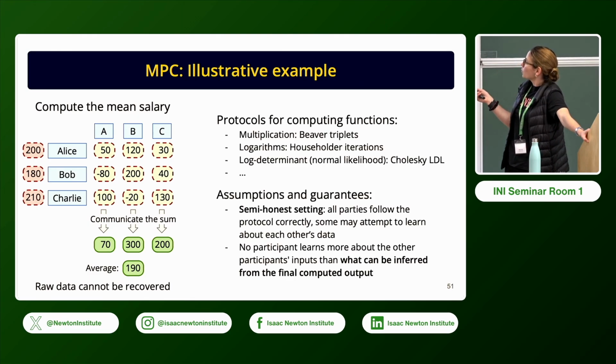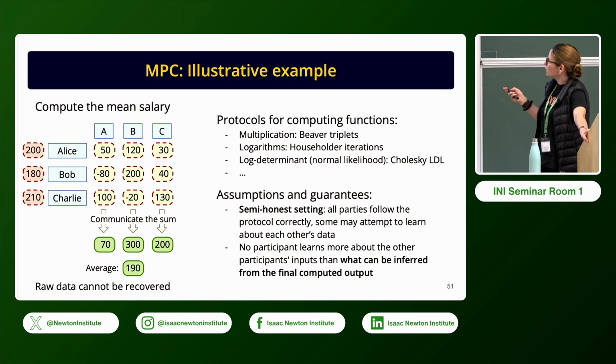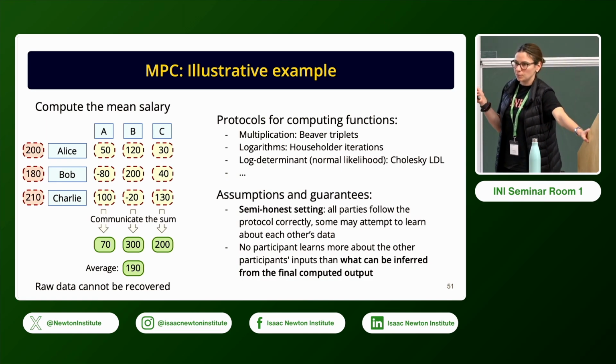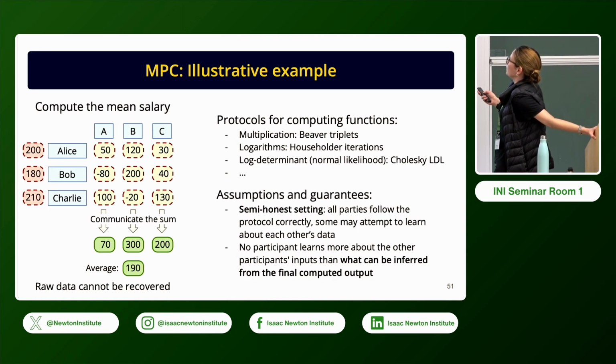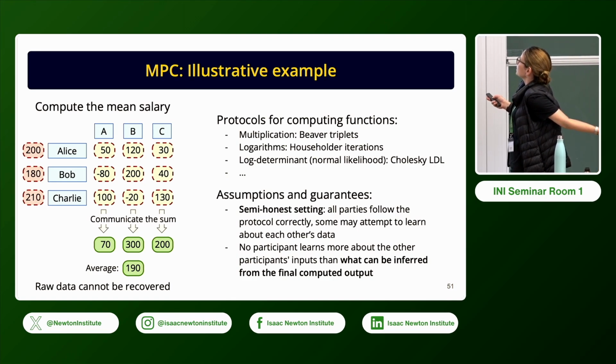There are lots of protocols that tell you how to apply pretty much any function. For multiplication, there's something called Beaver triplets. Things become a little bit more complicated; there is some randomness that needs to be added. For logarithms, there is something called Householder iterations.